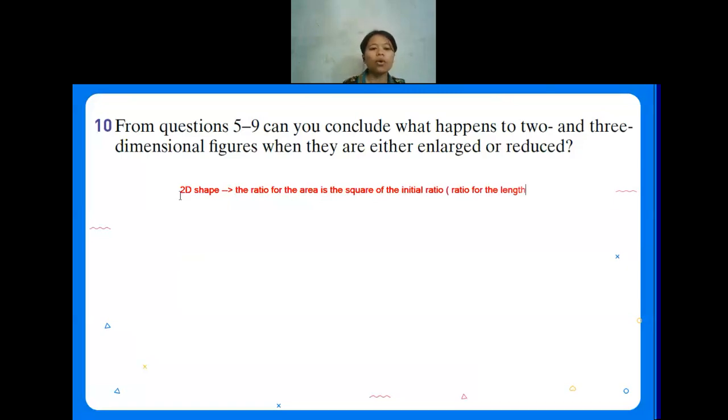And then what if it is a 3D shape? If it is a 3D shape, the volume? Cube root, teacher.